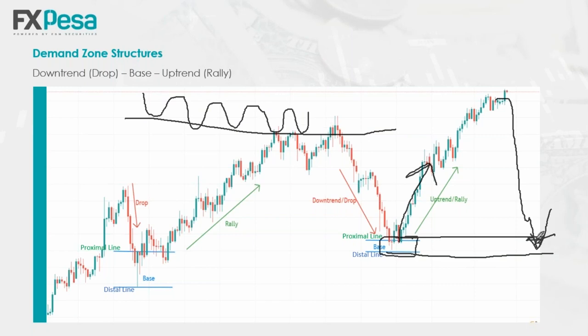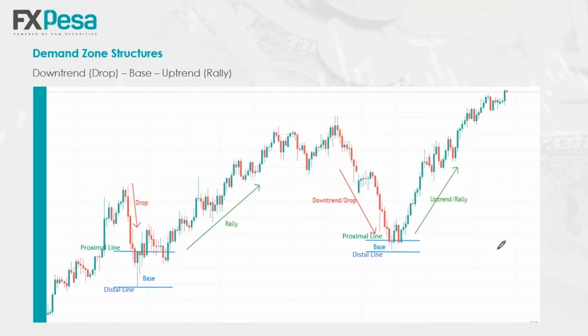So with demand and supply, we are saying that a fresh retest, or when the price comes back for the first time to retest that zone, offers the best opportunity, because we are trying to see whether pending orders which lie along that zone will be fulfilled and have the price rallying back to the upside.